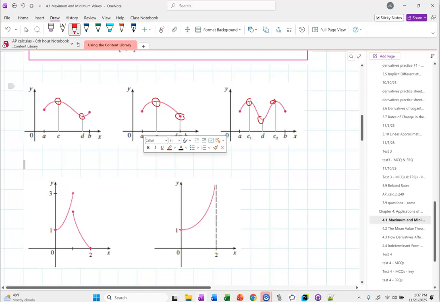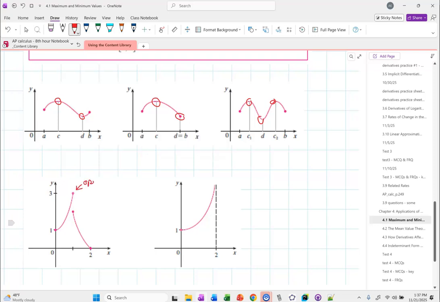is important. If I look at this graph, this is not continuous, right? Is there an absolute maximum? This is open. Is there an absolute maximum? No, right?